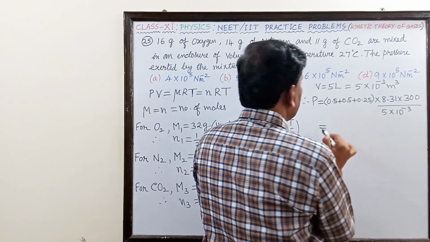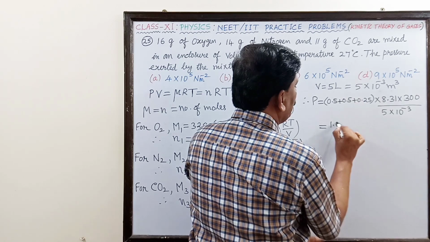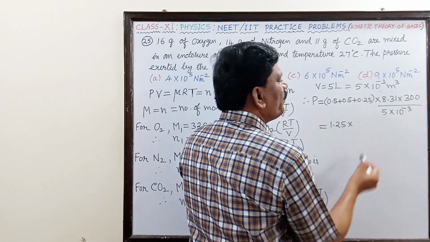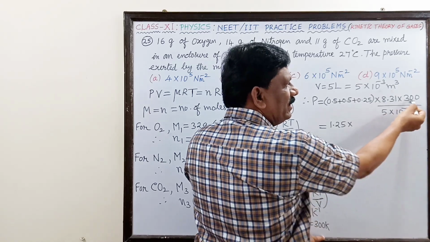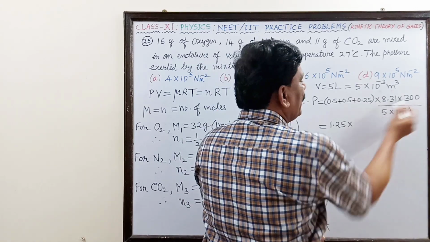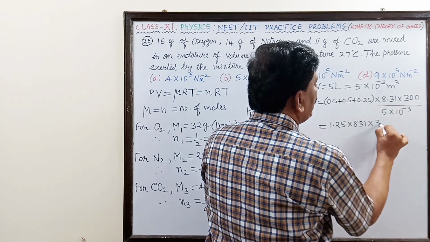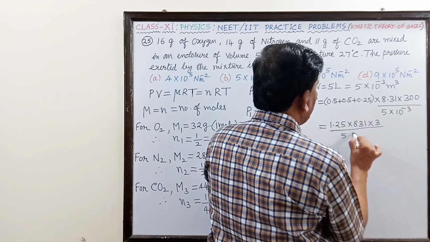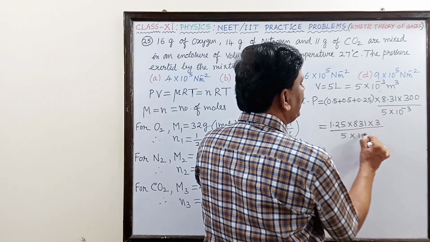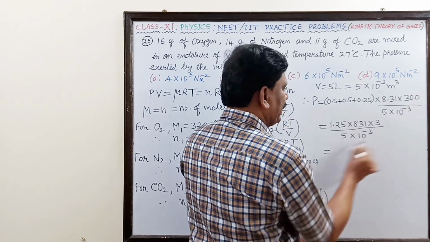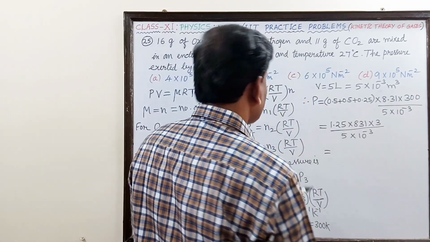Now you see 0.5 plus 0.5 is 1. 1 plus 0.25 is 1.25 into 8.31. Here 300 I will convert as 3 into 100. So I can write this as 831 into 3 whole divided by 5 into 10 power minus 3. This 10 power minus 3 I can write as 10 power plus 3. So now let us find out this calculation.